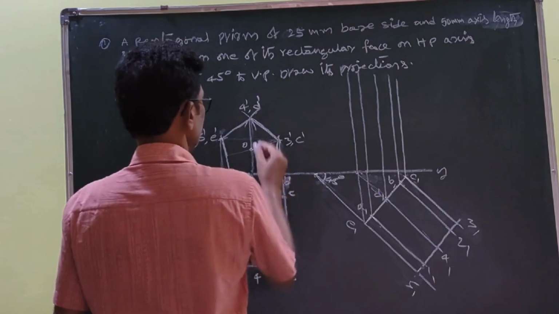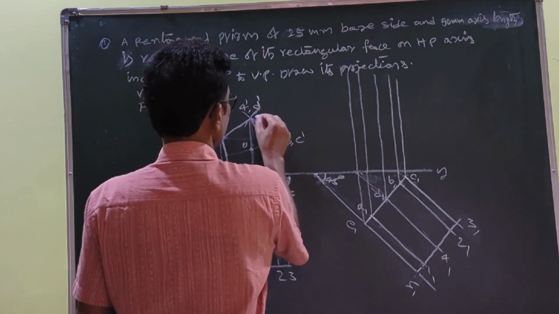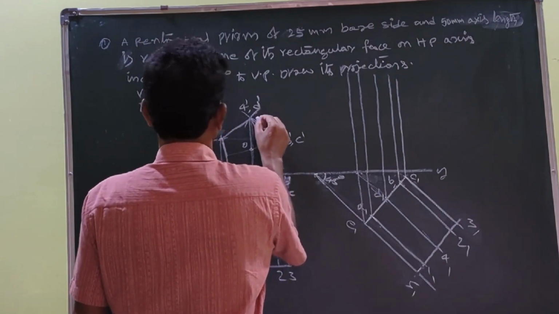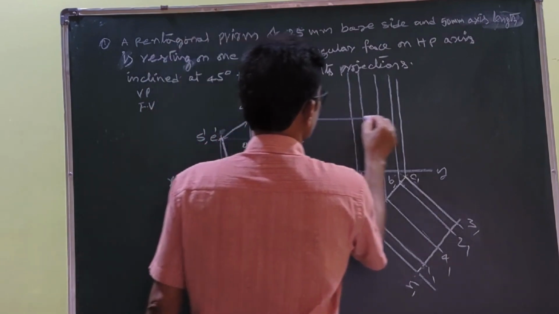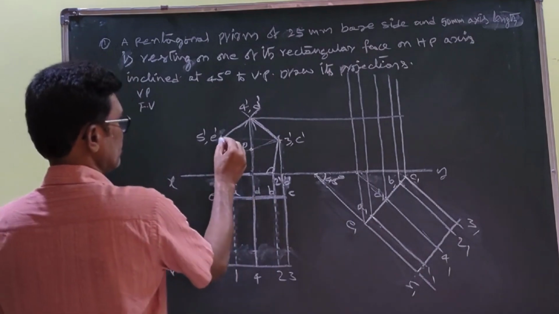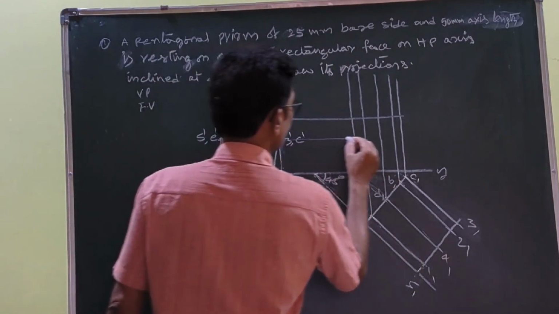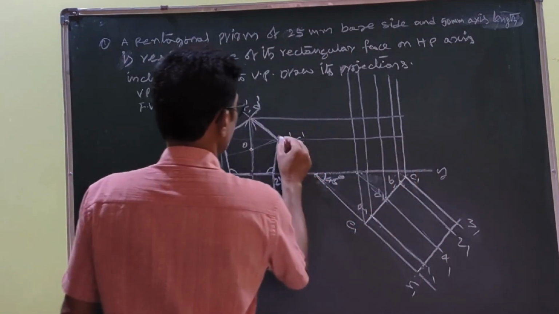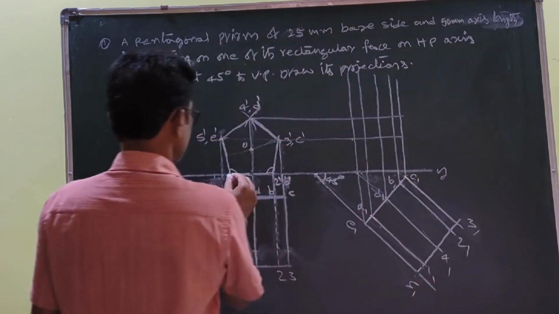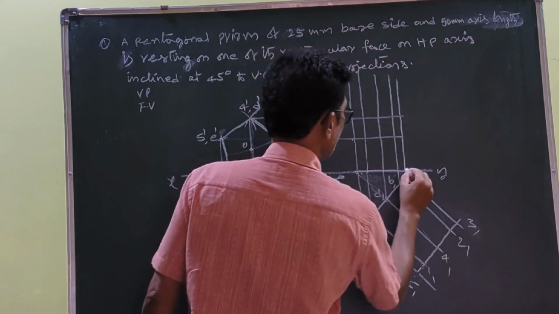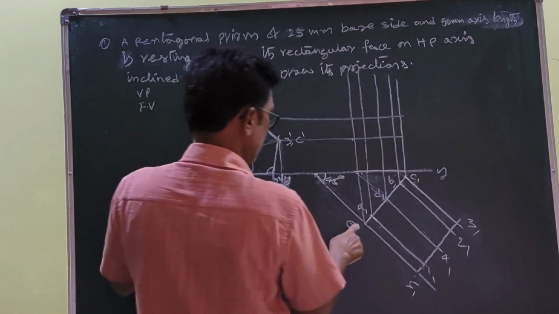After that, you draw projectors from the front view like this. These two are passing through the same point, so they are like this. Already this is passing through this. Then you can find out the points.